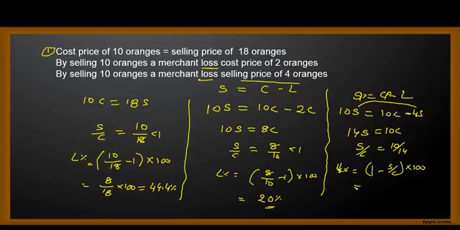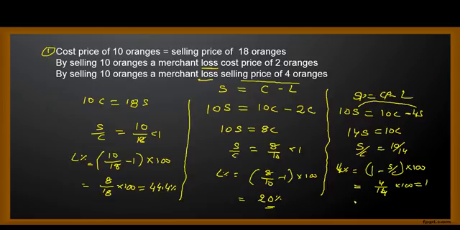This is equivalent to, because s is 10 and this is 14, 10 by 14. So 14 minus 10 is 4 by 14, into 100. On simplification, you will get 2 by 7 into 100.